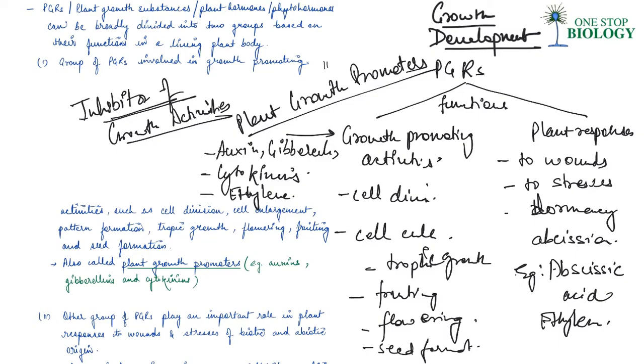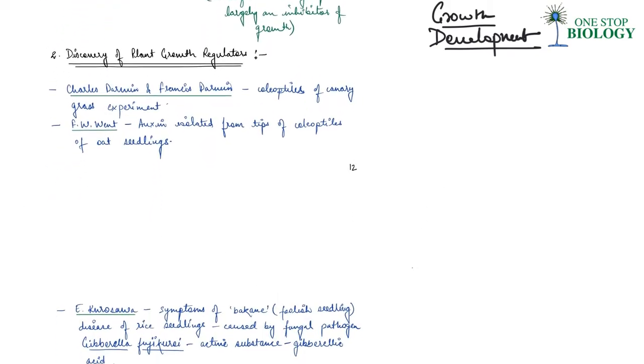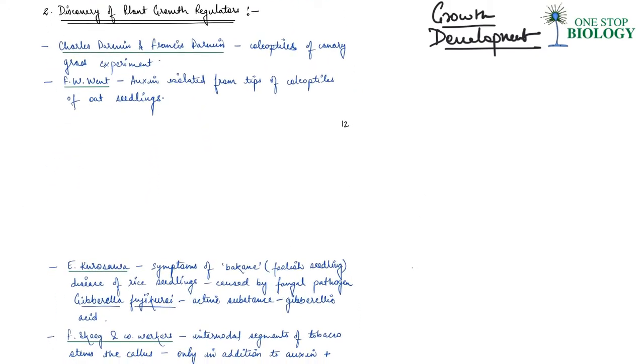Now let's see how exactly these plant growth regulators were discovered. Now guys, plant growth promoters or plant growth inhibitors, or in general PGRs, plant growth regulators. Discovery of each of the five major groups of PGR has been accidental.